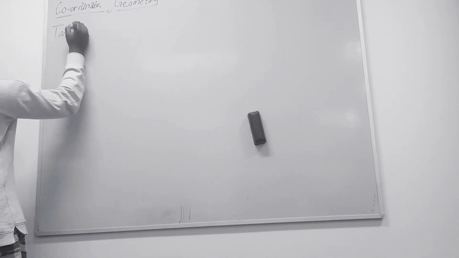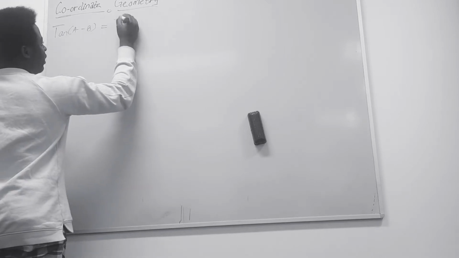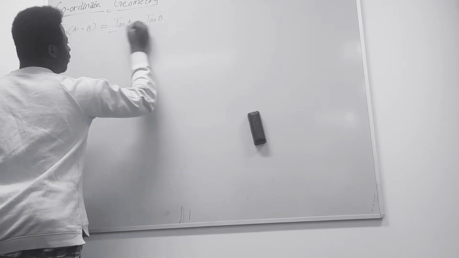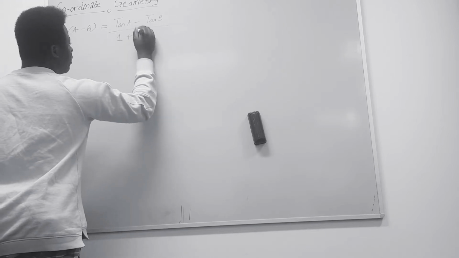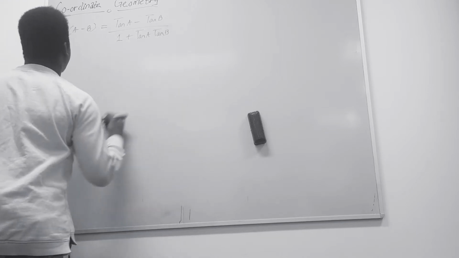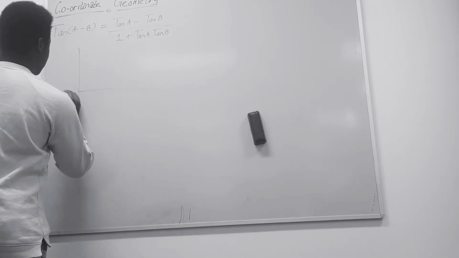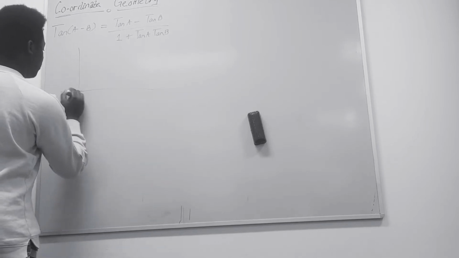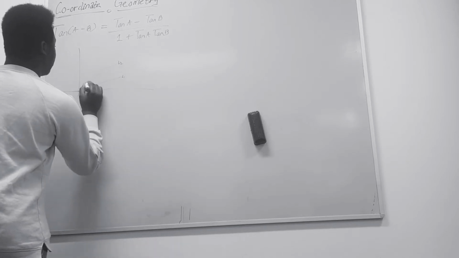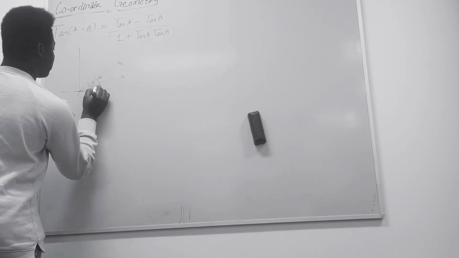Everything was generated from this idea: tan of phi is equal to tan A minus tan B divided by 1 plus tan A tan B. Okay, so if we had one line, another line, L2, L1, the angle between them was phi, the angle here was beta, the angle here was alpha.